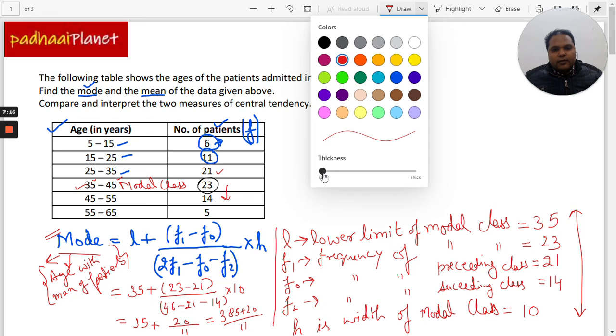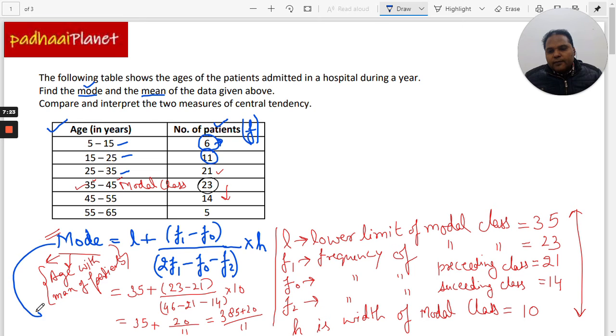Let's highlight it, and the mode is going to be 385 plus 20, that means 405 over 11. This is going to be the mode, these many years. If we want to put it into decimal form, this will be somewhere around 36.8.